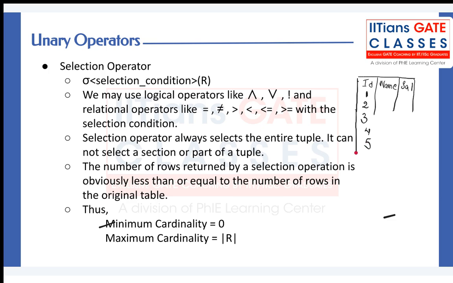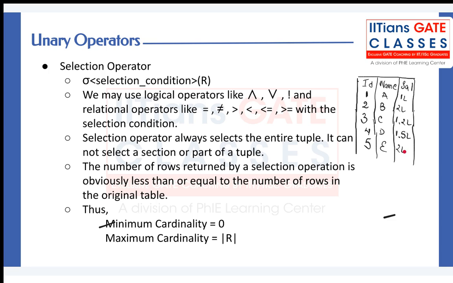For name, I give some names: A, B, C, D, E. Let's say I have salary 1 lakh, 2 lakh, 1.2 lakh, 1.5 lakh, 2 lakhs. Just some random salaries that I have written.